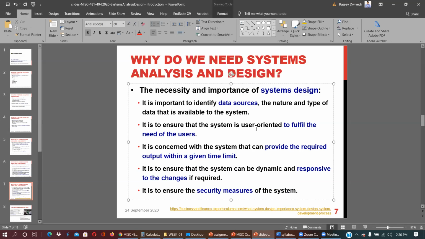This is the most important aspect that we always keep in mind: to fulfill the need of the user. It is concerned with a system that can provide the required output within a given time. I can simply give an example of Catalyst building. We were supposed to be there in Catalyst building by 15th of June 2020.